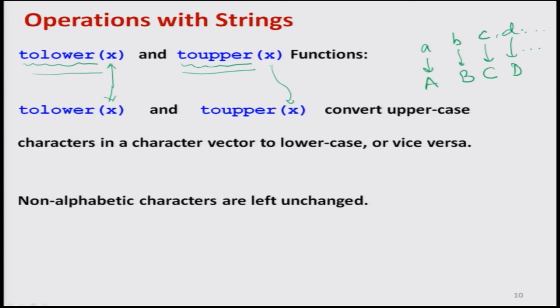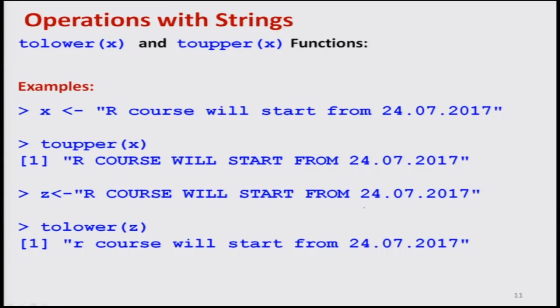So, I will have a string x, and if I use the command tolower or toupper, they will try to change upper into lowercase or lower into uppercase. And in case you have any non-alphabetic character, any character which is not an alphabet, then this will remain unchanged. This is an important point that you have to keep in mind, that only the alphabets are going to be changed. So, let us take one example and try to understand how things happen.